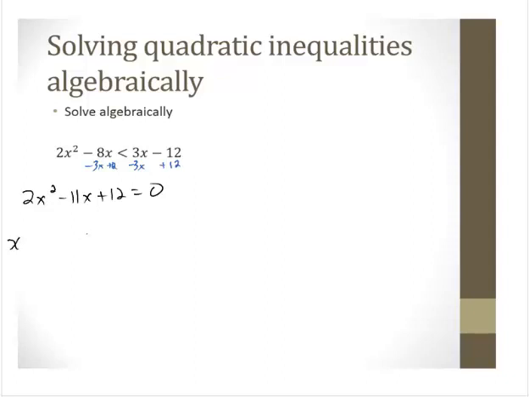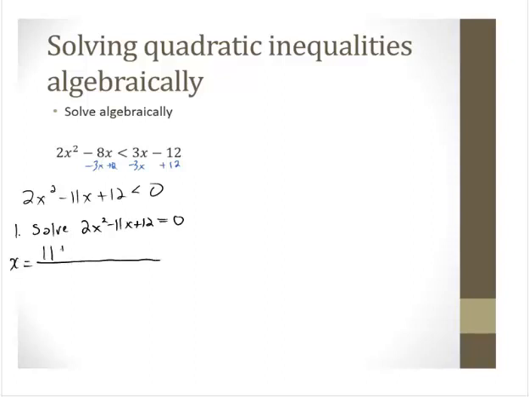And so, now this is originally a less than, I got to remember that this is a less than inequality, but what I'm thinking here is I'm going to first solve the equation equals 0. I'll use the quadratic formula.